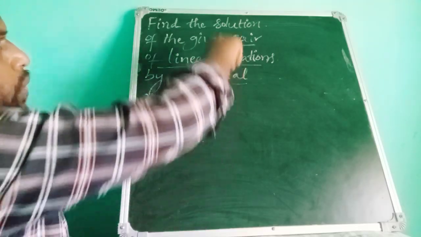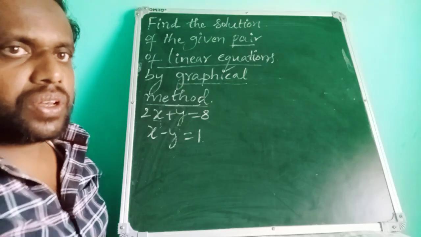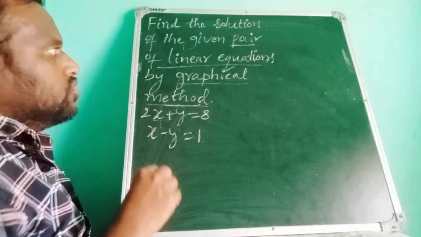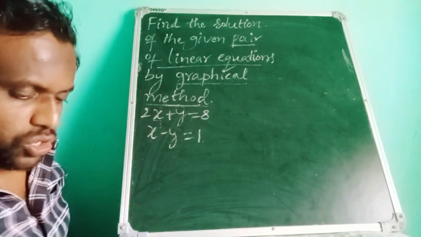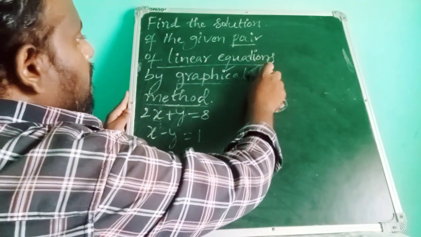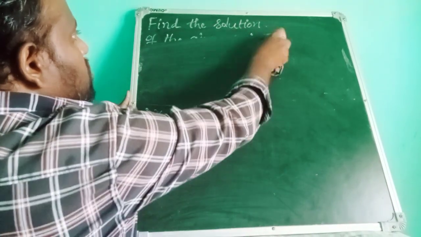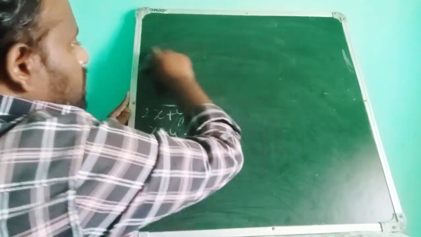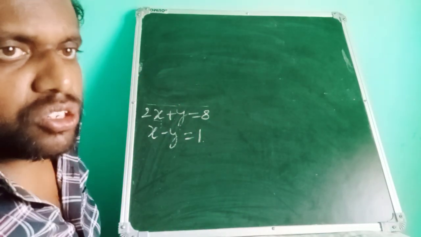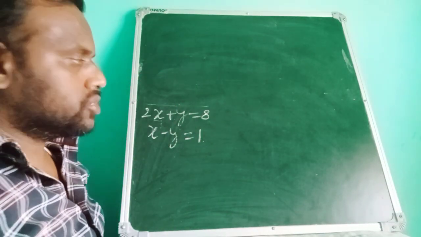You understood the question, right? We have to find the x and y values. So I will just rub this question. If you want to see any previous content, you can just move the video backward.